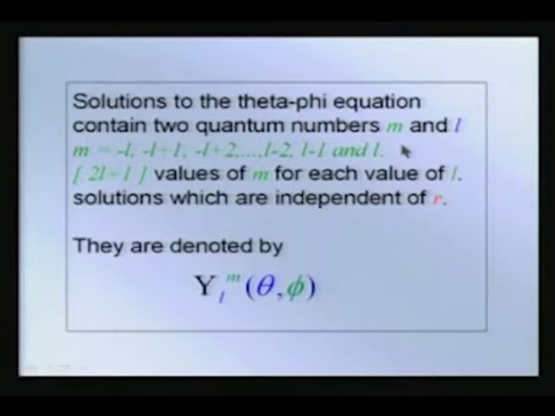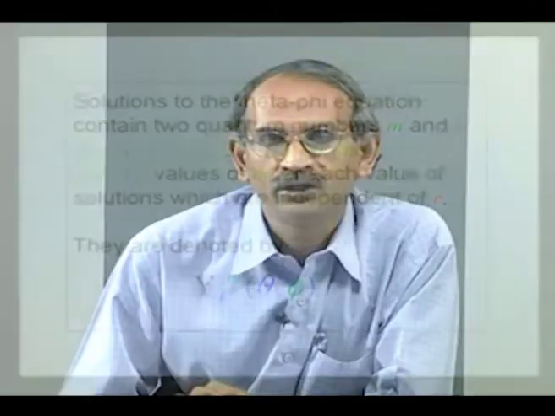In the same way, the angular equation with the corresponding boundary conditions that theta and phi take certain values lead to two quantum numbers, m and l. The value l was described in the previous lecture as taking the values 0, 1, 2 up to n minus 1, where n is the principal quantum number associated with the radial equation.